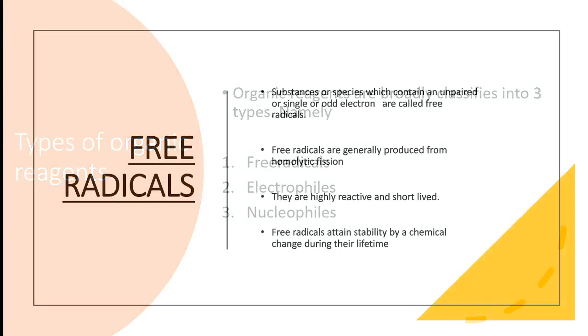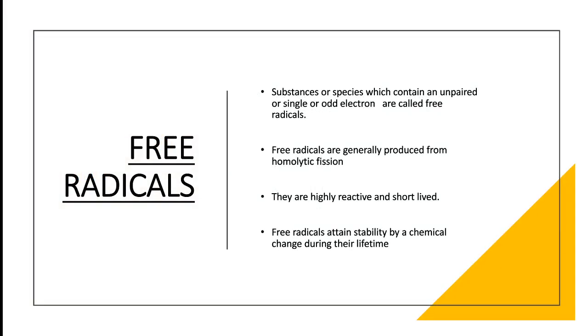What are free radicals? Free radicals are the substances or the species which contain an unpaired or single electron, also called an odd electron. So the substances or the species which contain an unpaired or single or odd electron are called free radicals.